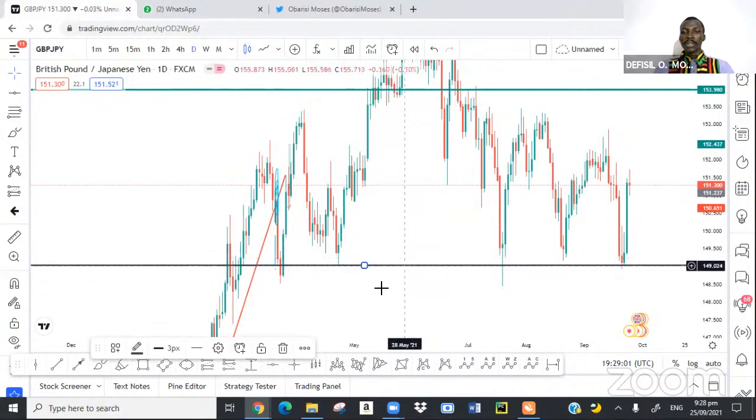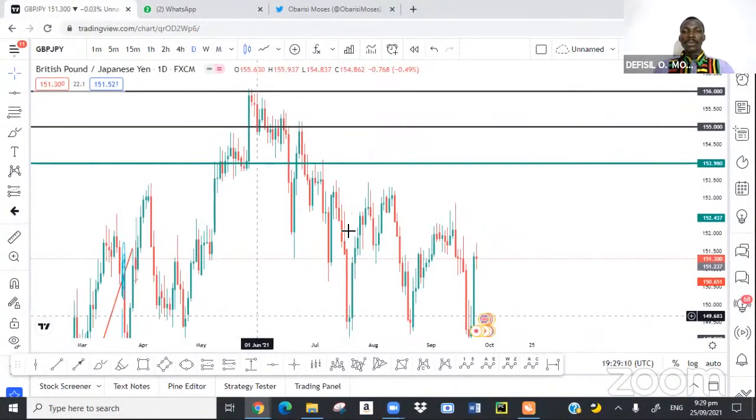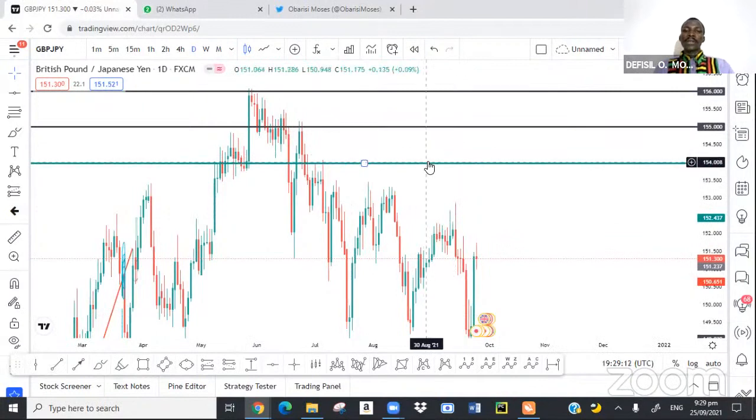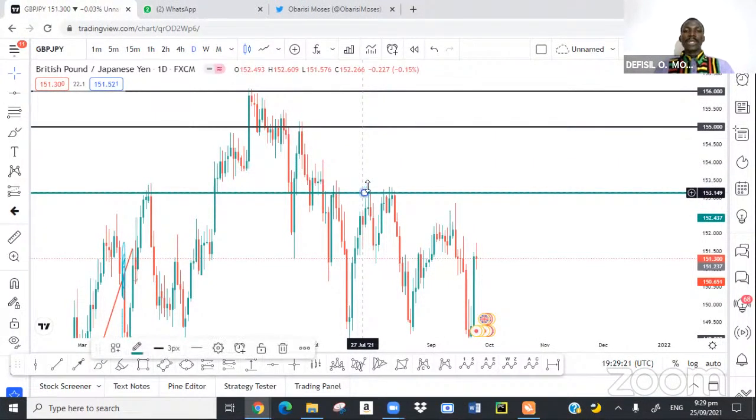We have this area on the daily time frame as a level of strong support to this market. Let's zoom out a little. Then we have this area, where we have a green line, as another area of resistance to this market.